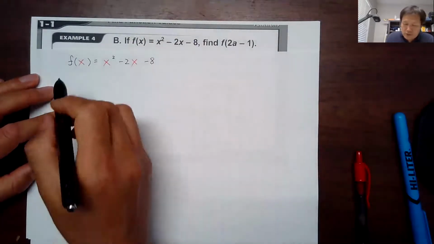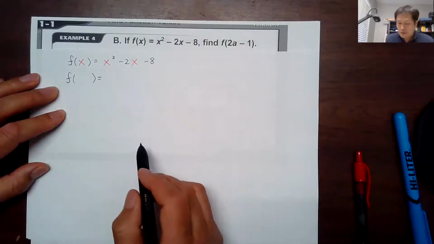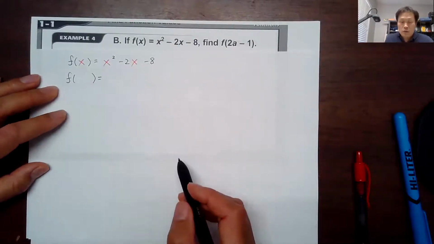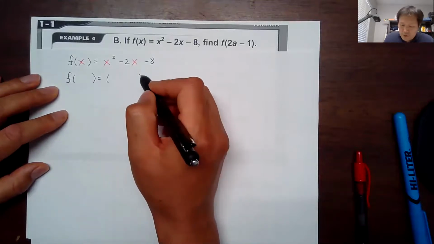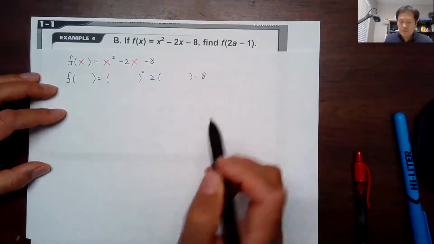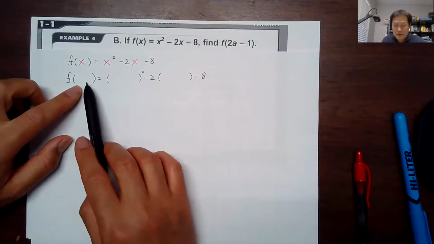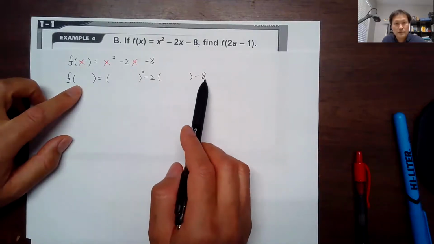What the question is asking you to do is f of something. You should be able to set it up like this: f of something is equal to parentheses squared minus 2 parentheses minus 8.